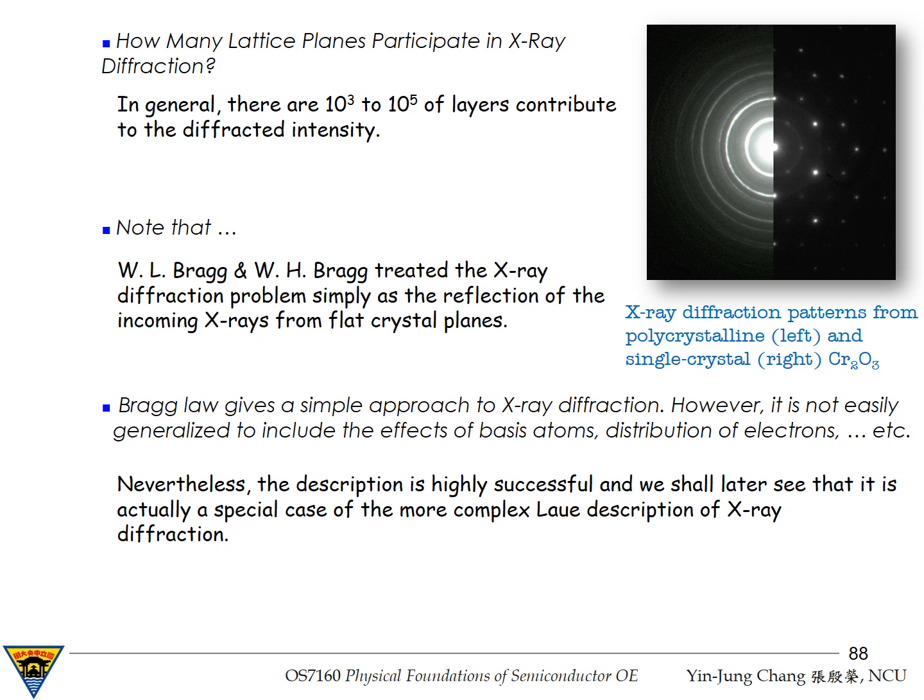In X-ray diffraction, in general, each plane reflects only an infinitesimal fraction of the radiation, and the X-ray penetrates very deeply into the crystal, so that 10^3 to 10^5 layers contribute to the diffracted intensity, resulting in very sharp maxima or bright spots, as shown in the image on the right, in the far field diffraction pattern of a crystalline material.